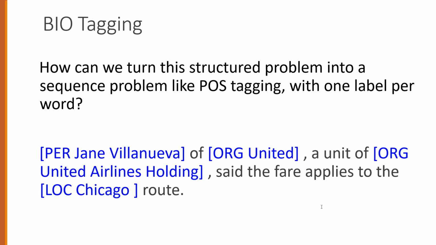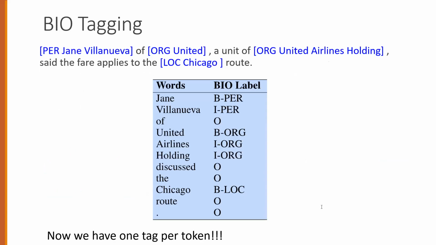As you can see, this sentence has been properly tagged using PER for person, ORG for organization, and LOC for location. Here is the same sentence represented by BIO tagging. Notice that we have tags corresponding to person, organization, and location, and now we have one tag per token.